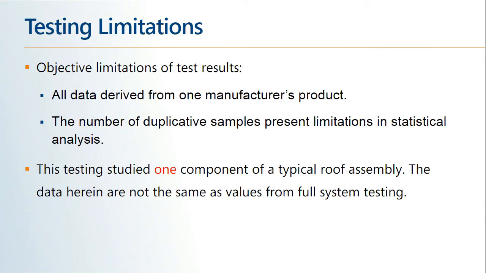Because we only tested one component of the typical roof system, right, the insulation bond to insulation. So this data is not the same as values for a full roofing system, which would include a cover board and the membrane and other components like the vapor retarder that may be present in the assembly.